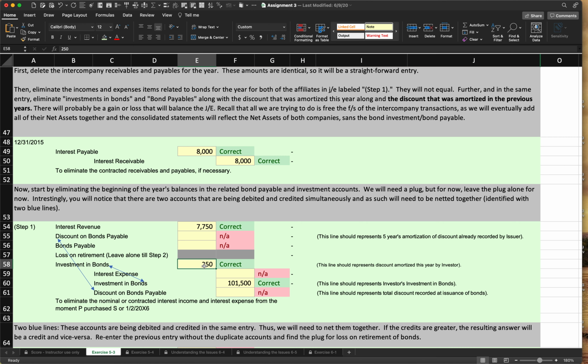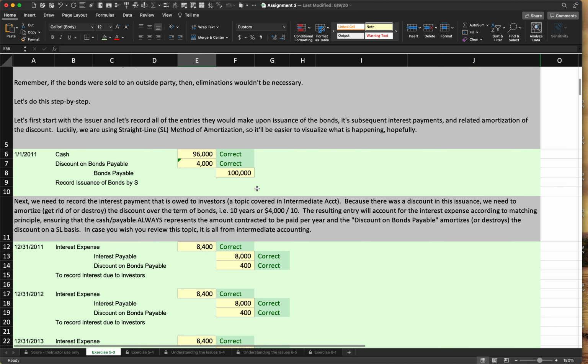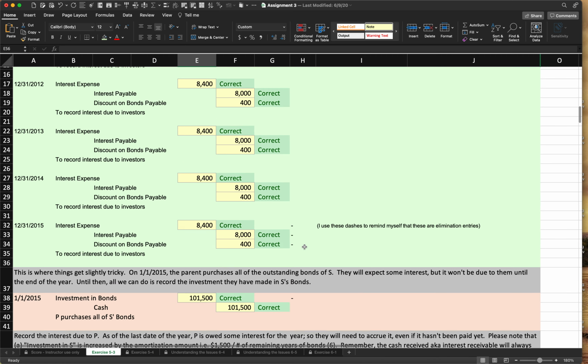Let's take a look at what happened to the subsidiary. The subsidiary had bonds payable on their books at $100,000. If you recall, that was way back up there as a credit of $100,000.